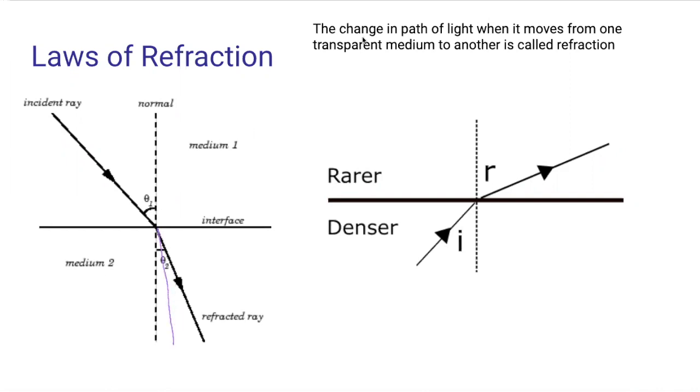Then comes VIBGYOR, indigo. Indigo is deviating a little bit lesser. Blue is deviating more. So violet is the most, then comes indigo, then comes blue.